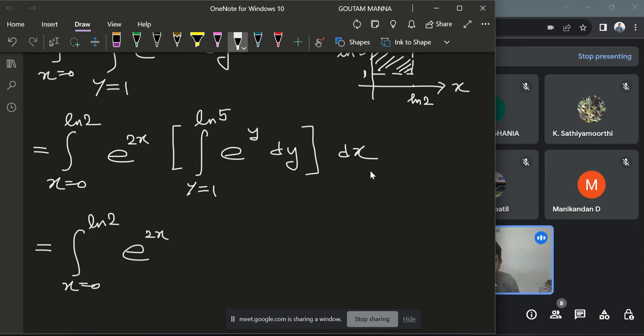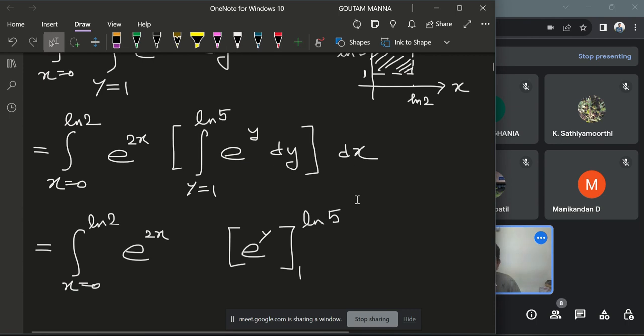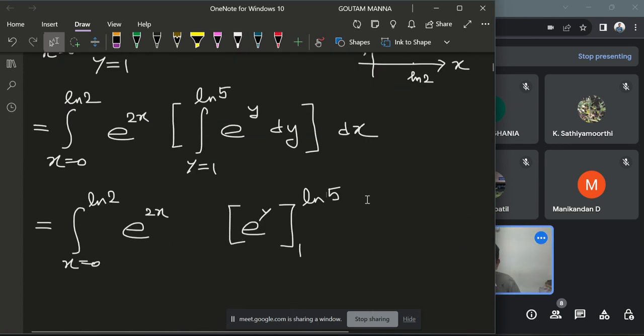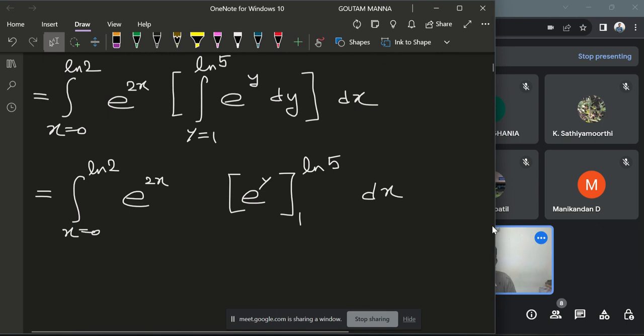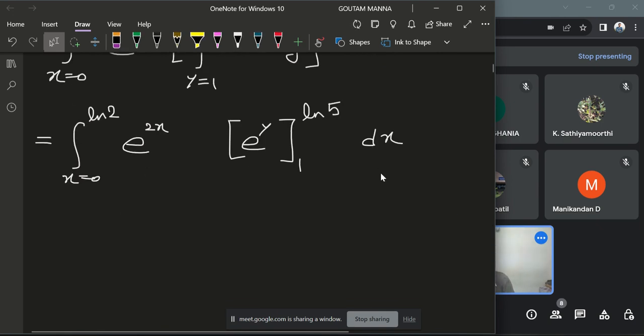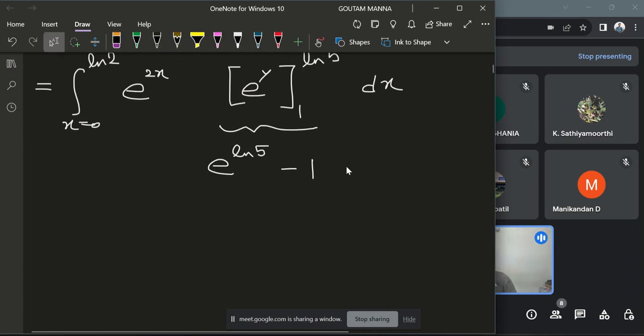Now the integral of e to the power y dy is e to the power y, with y going from 1 to ln 5. It is a constant, so I can find its value here. It will be e to the power ln 5 minus e to the power 1, upper limit minus lower limit, which is 5 minus e.